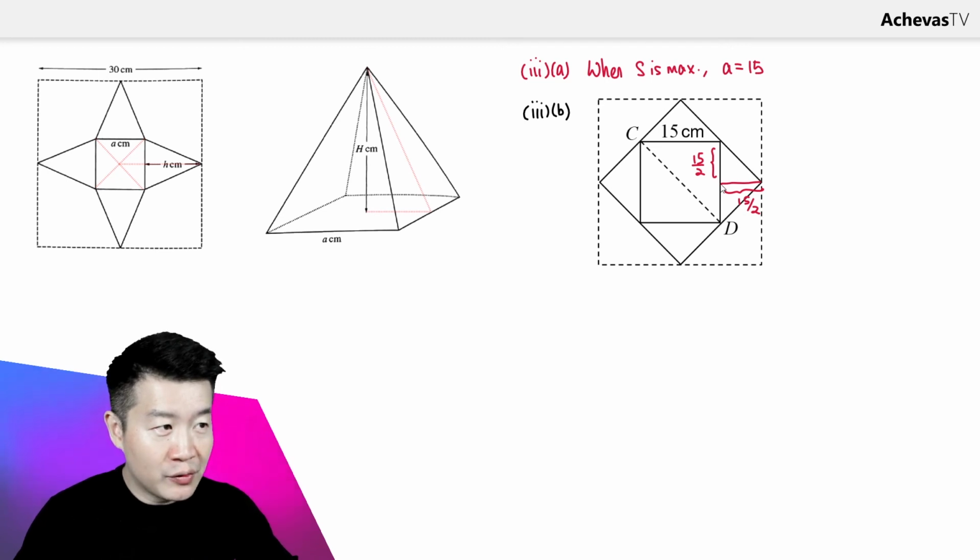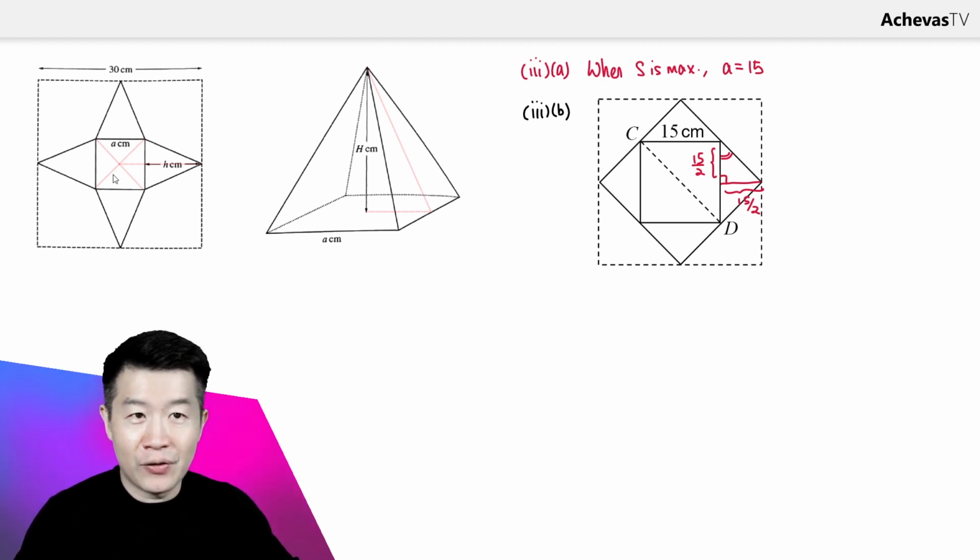So if this is 15 over 2, this is 15 over 2, and this is a right angle, that tells me that this angle here must be 45 degrees. The same goes for all these angles here. They will be 45 degrees, which means that we are going to get straight lines. So the net from this shape is going to become a square.